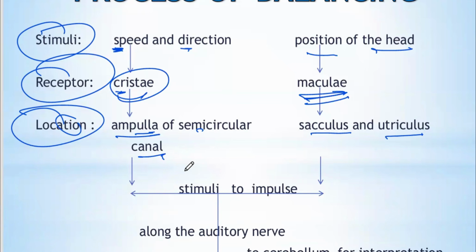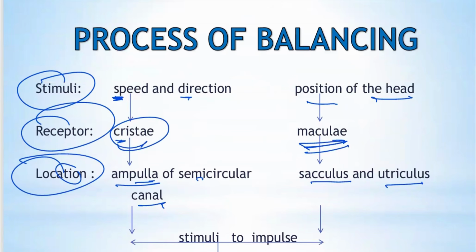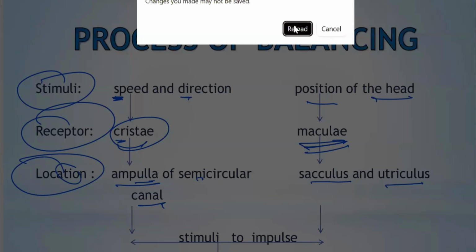Is sent along the auditory nerve for interpretation to restore the balance. So, when you are writing, how do I write?